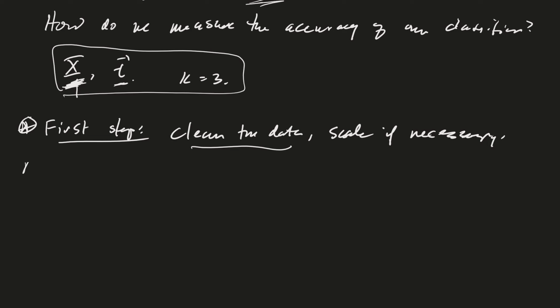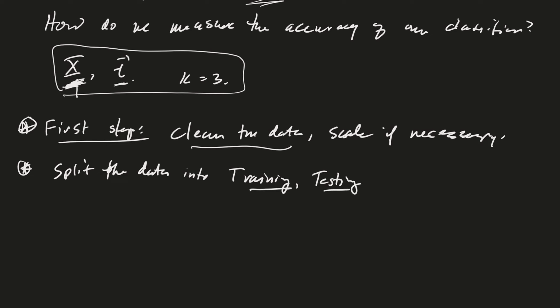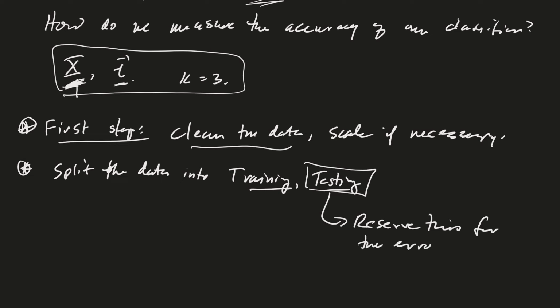Secondly, before you train your classifier, you want to split the data into training and testing sets. The idea behind the testing set is that you reserve it for the error computation at the very end.